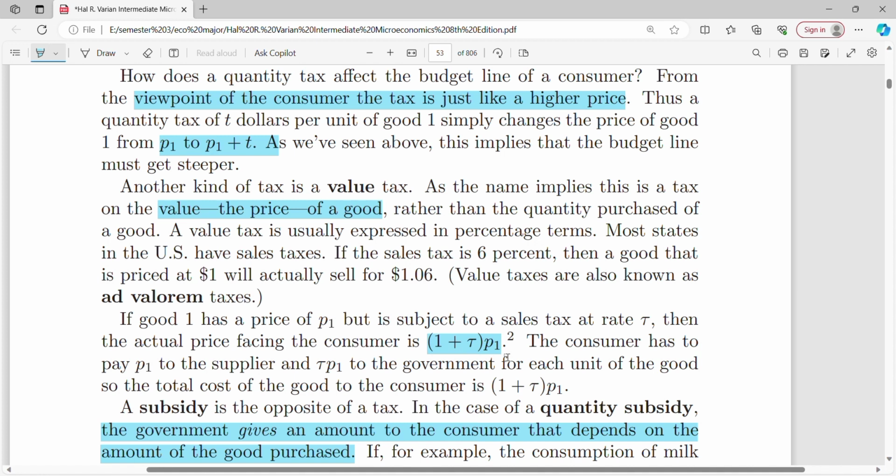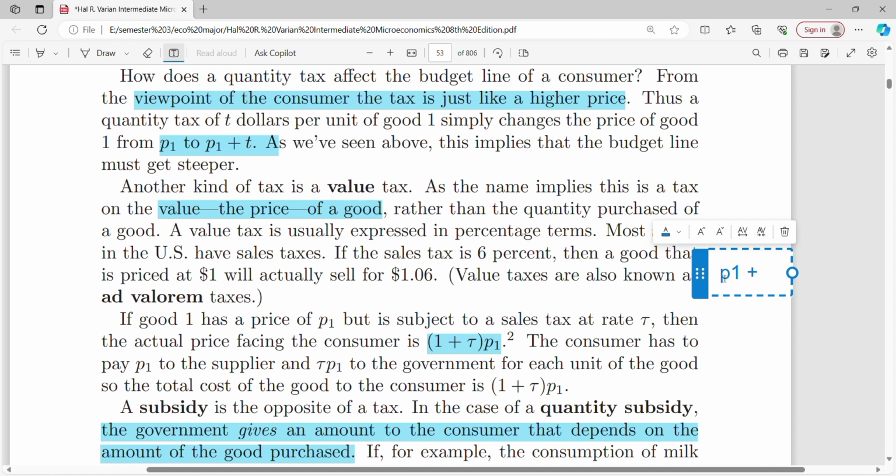Because first the consumer needs to pay the price, the price of the good may be P1. Then the consumer needs to pay an amount of the value of this good.